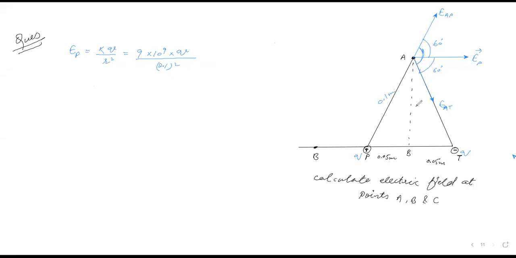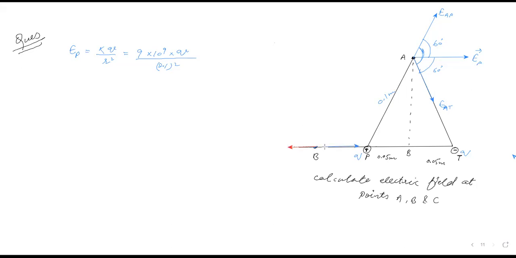Similarly, what will be the value of electric field at the point B? Can anyone tell me what will be the direction of the electric field at B due to the point P? Is it away or towards P? It is always away from P. And due to the charge at Q, is it towards T or away from T?